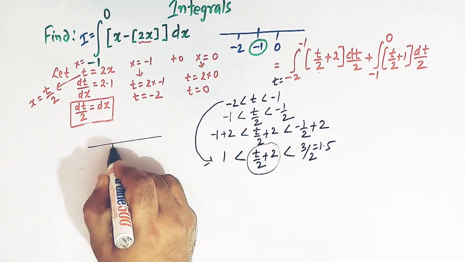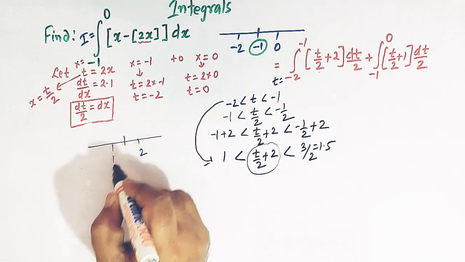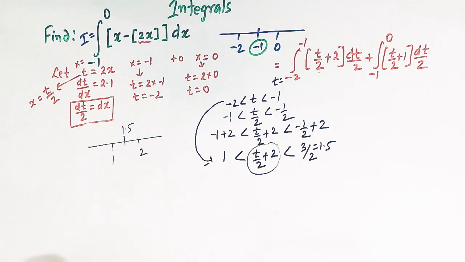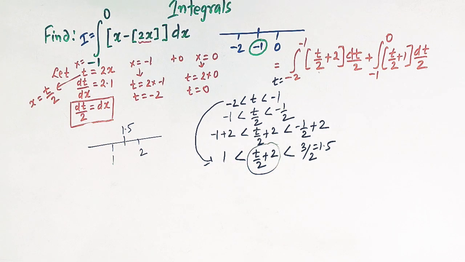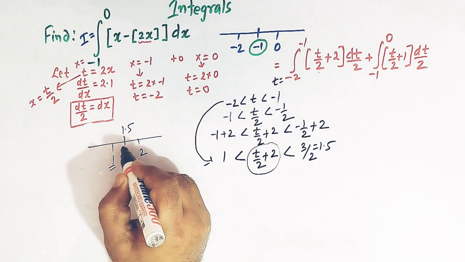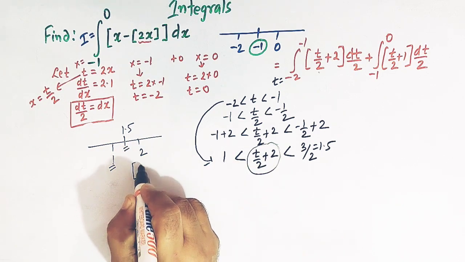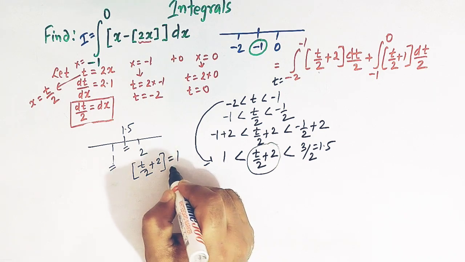Now see here we have 1 and here we have 2, and between 1 and 2 we have 1.5. So this quantity t over 2 plus 2 lies between 1 and 1.5, so the greatest integer of t over 2 plus 2 should be equal to 1.